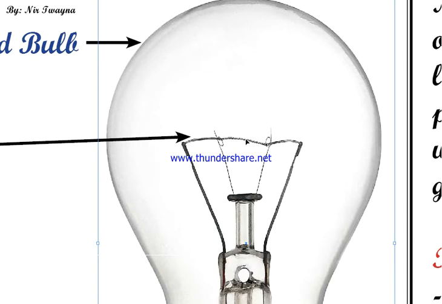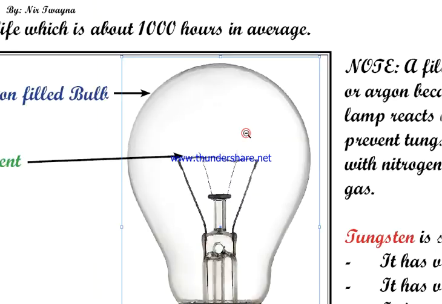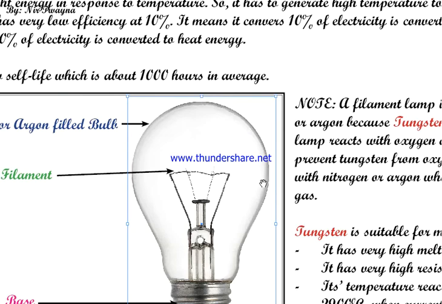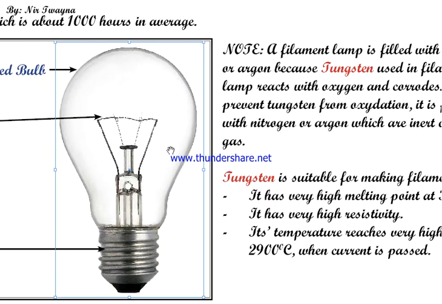Powder form means it will break, the circuit will be broken and it will not work anymore. Understood? That process is known as melting of tungsten. So to prevent that reaction, we must fill the bulb with what? Nitrogen or argon, because nitrogen and argon do not react with tungsten.